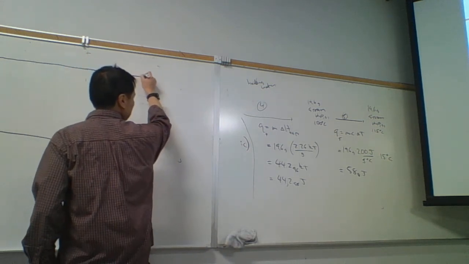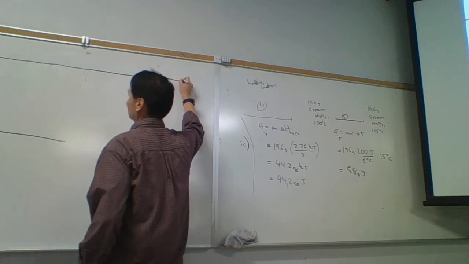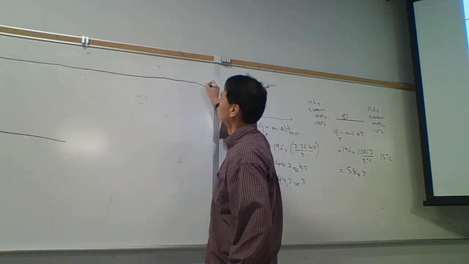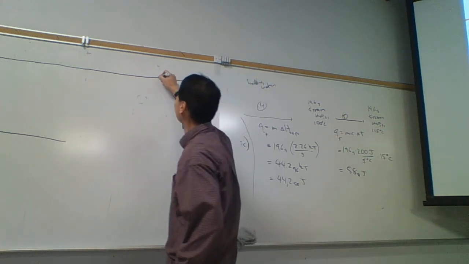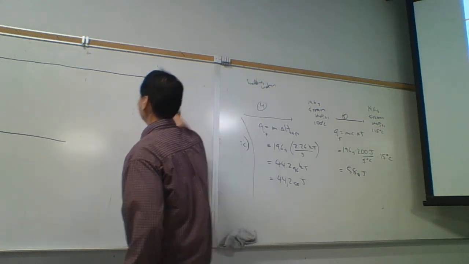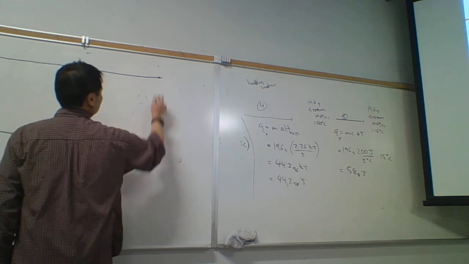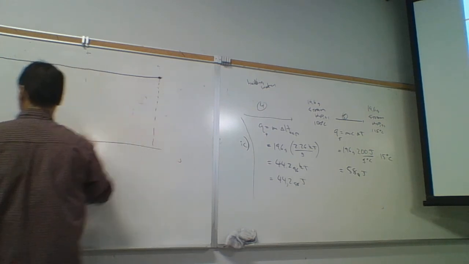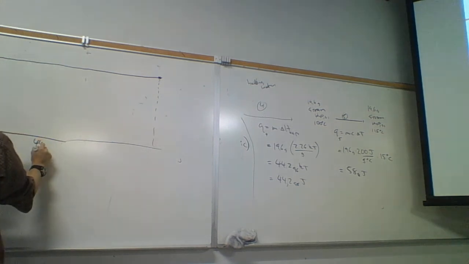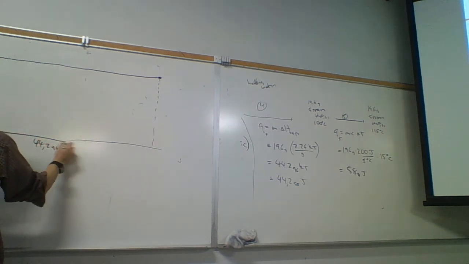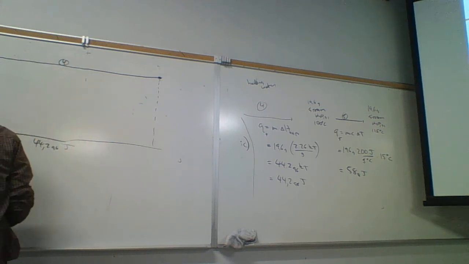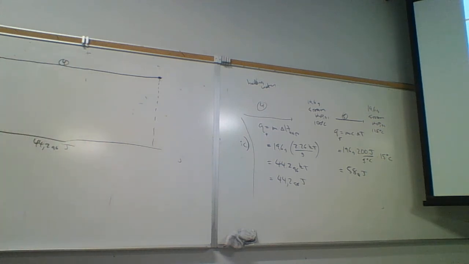Let's say to boil that, it's going to take 44,296 joules to boil it. This is step 4.